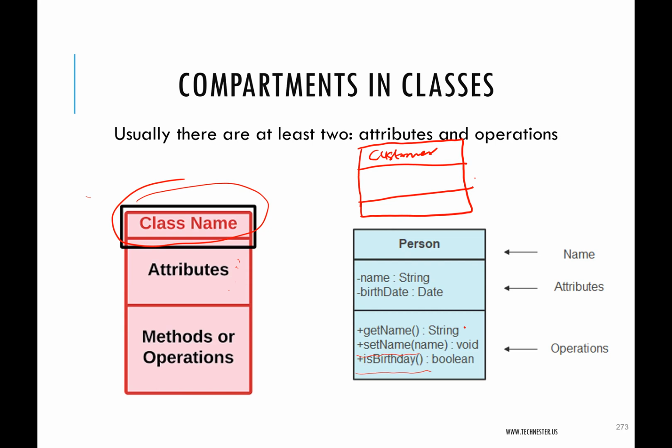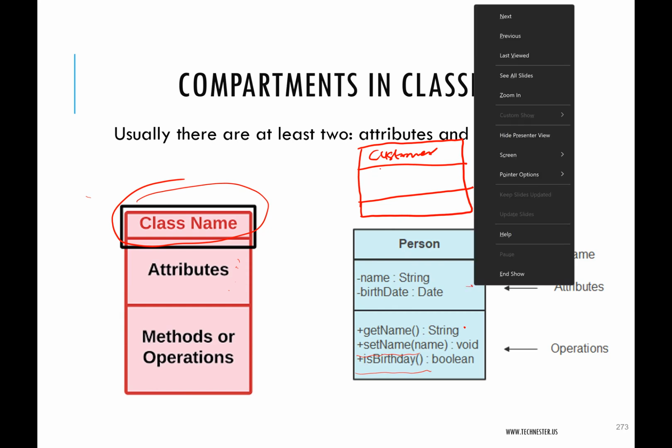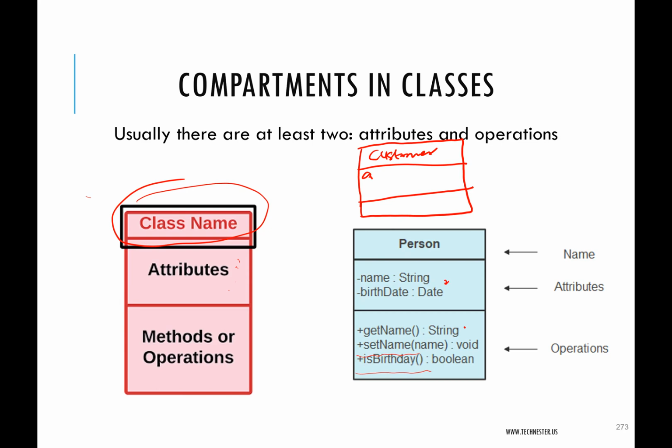Age can be an attribute, okay, and name can also be an attribute. Birthday can also be an attribute. Okay. Age, name. All right. Date of birth. Okay. So these are good attributes of customer.